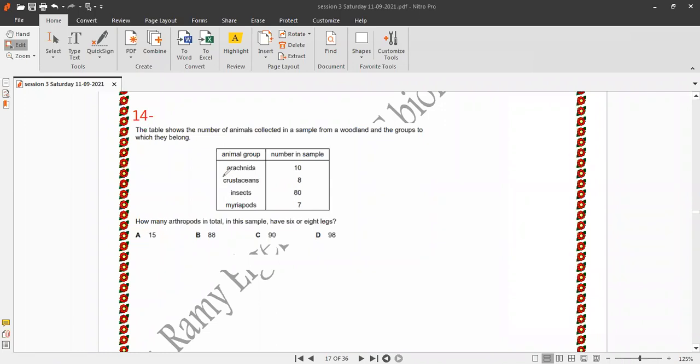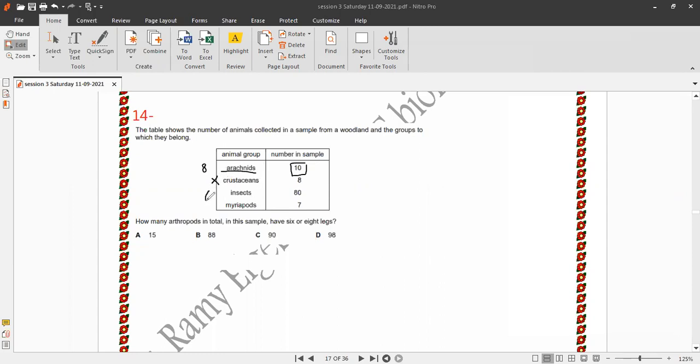We start with the animal group arachnids. Arachnids, 6 or 8 legs, or how many legs here? Arachnids have 8 legs, so we collect this number. Crustaceans from 5 to 20, so it is not.